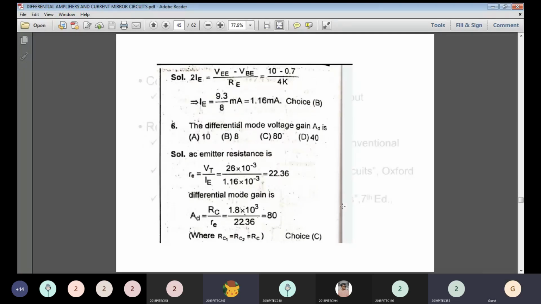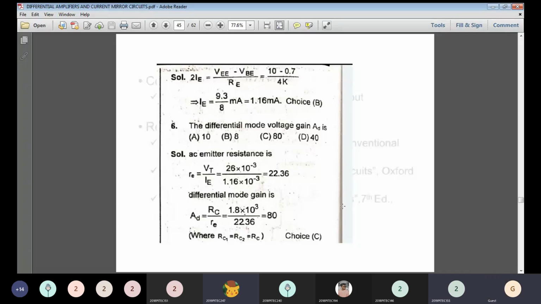From the derivation of the differential amplifier, we can easily understand that 2IE is equal to, by Ohm's law, V by R, that is VEE minus VBE divided by RE. So the value of VEE is 10, VBE is 0.7 and RE is 4 kilo ohms. So IE is 9.3 milliamps divided by 8. The answer is 1.16 milliamps.